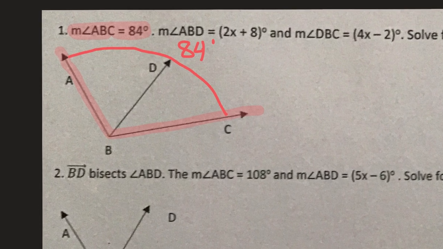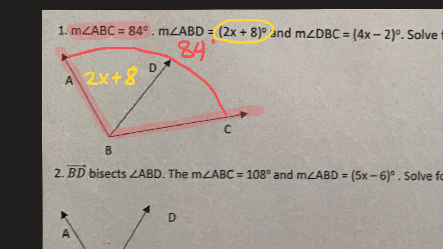Now let's put in the values for your other angles. Angle ABD is 2x plus 8, so we're going to write 2x plus 8 in the interior of our angle there, from A to B to D.